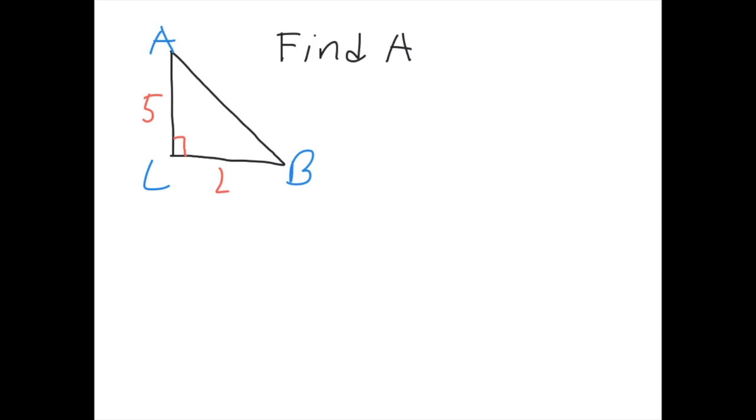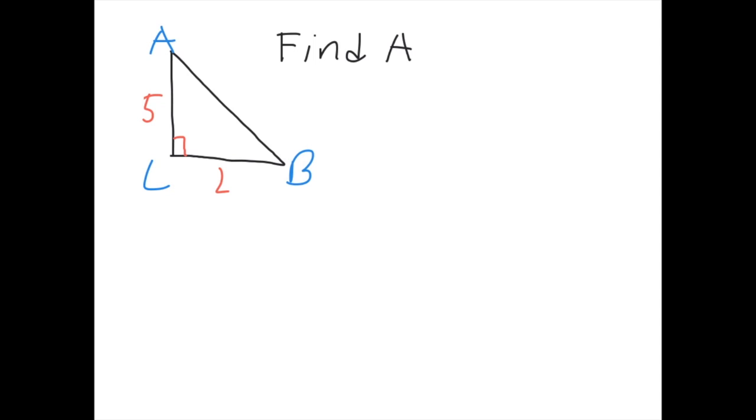Alright, so in this example, we're given a triangle ABC, and the two legs measure 2 and 5. And they want you to find A. So they want to know what is the measurement of angle A. So the way that you have to find this out is using trig. So they give you two measurements, the 2 and the 5.